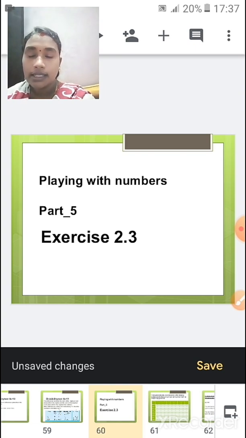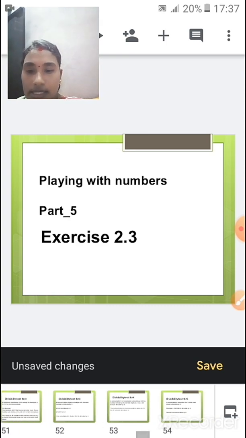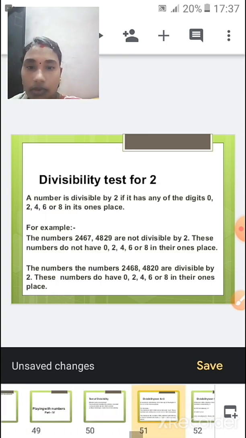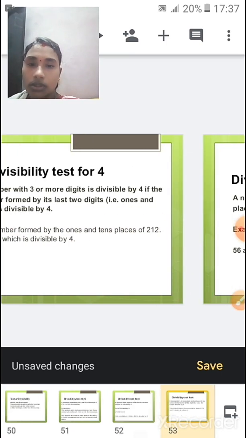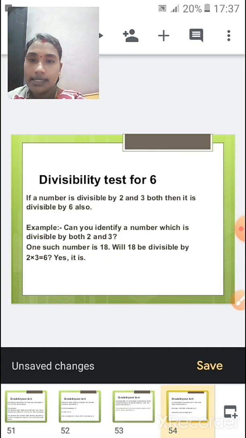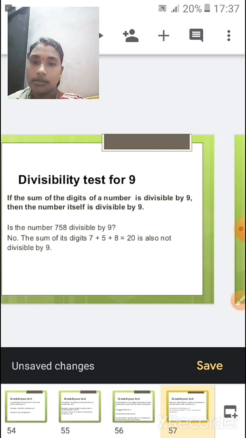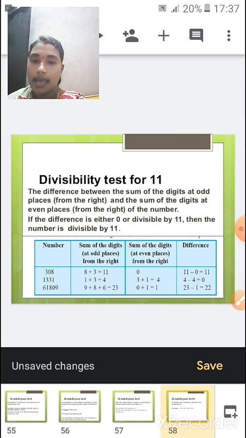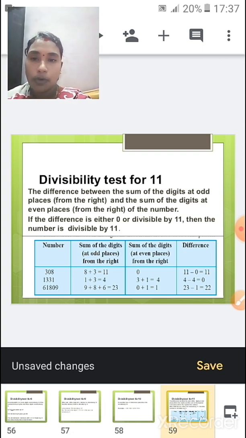We had seen the divisibility tests for numbers 2, 3, 4, 5, 6, 8, 9, 10 and 11. So with these things in mind, we are going to see a number of sums where we can check the divisibility of numbers.